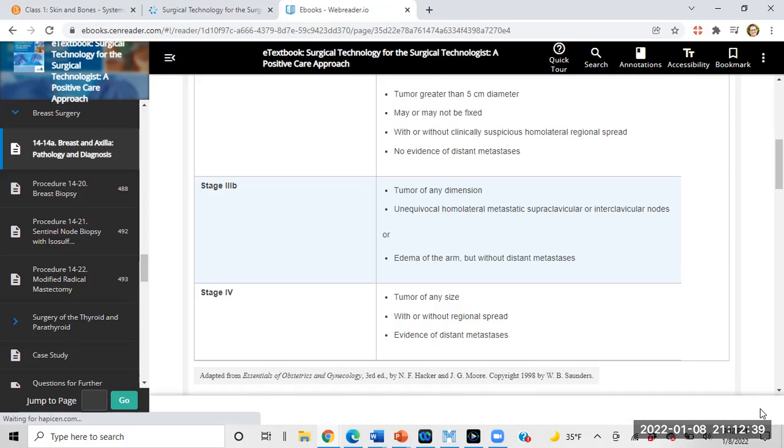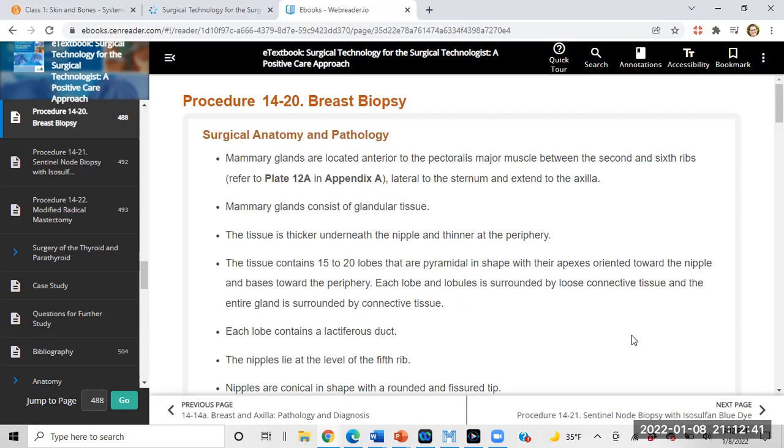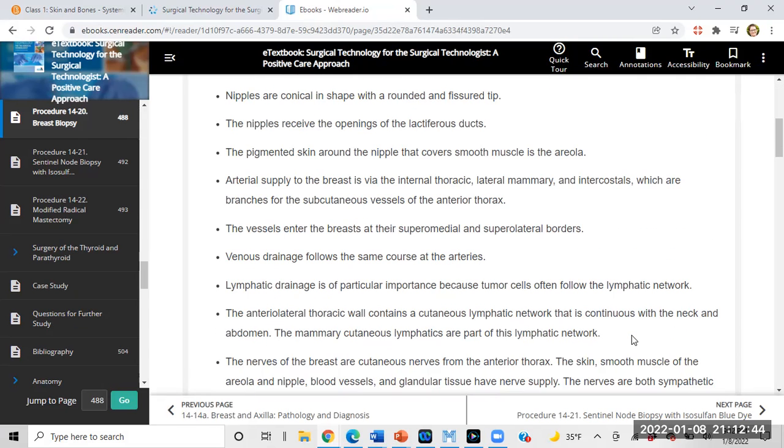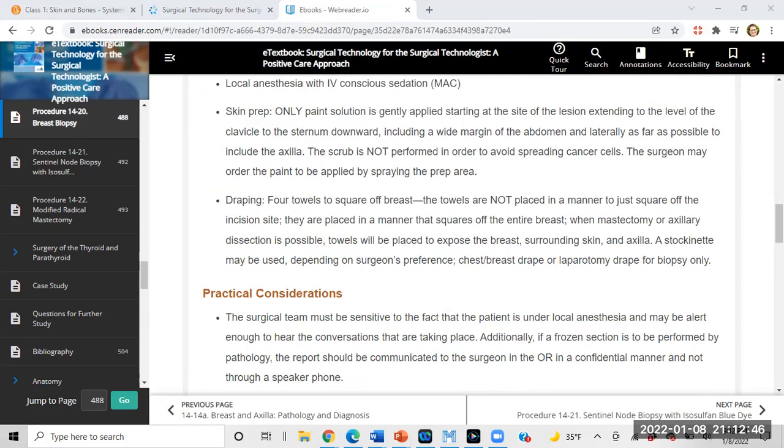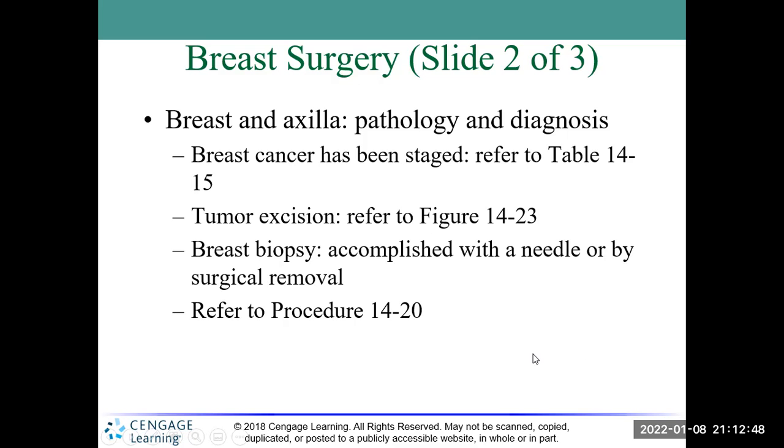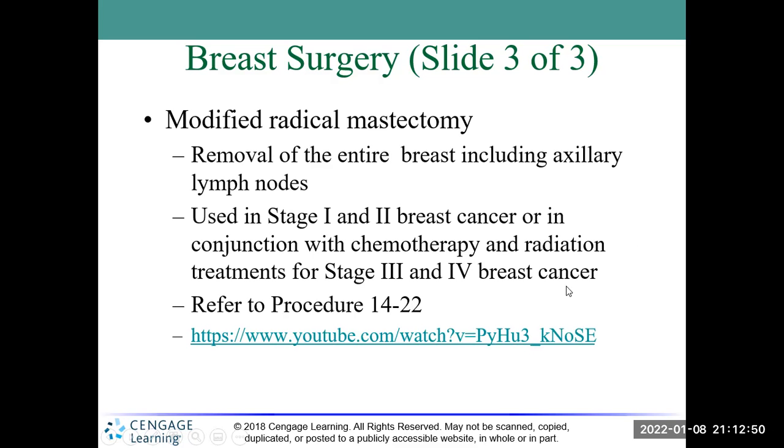And then the procedure itself is here, reading through that. What I did was this one. I did the modified radical mastectomy. So this is where they remove the breast along with the axillary lymph nodes.